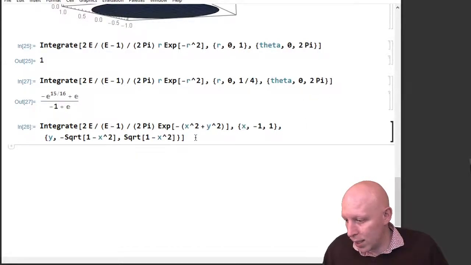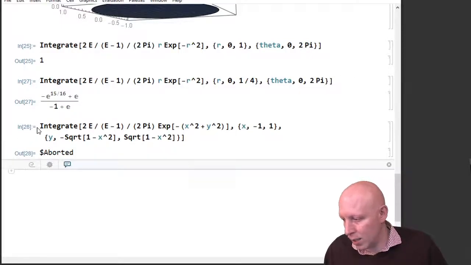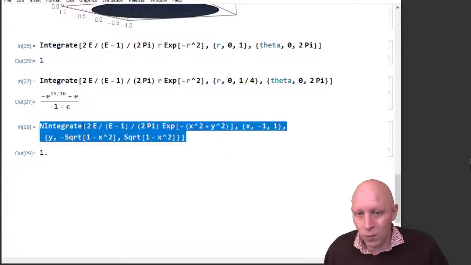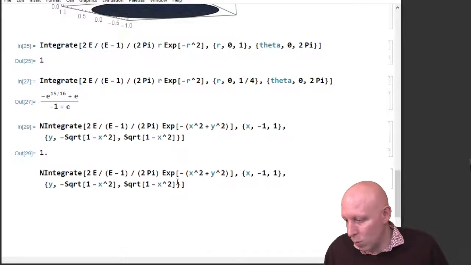And if we integrate that, it's thinking really, really hard. I'm going to stop it and ask it just for numerical integration. And so, well, this was the full integral. It does give us 1.